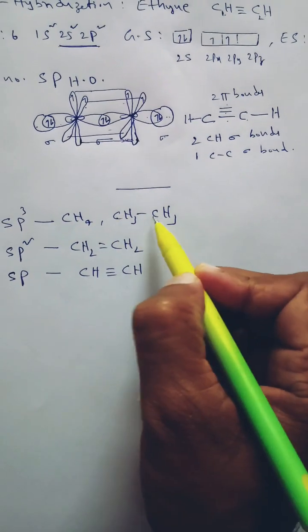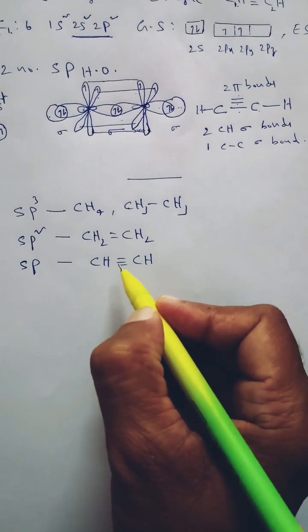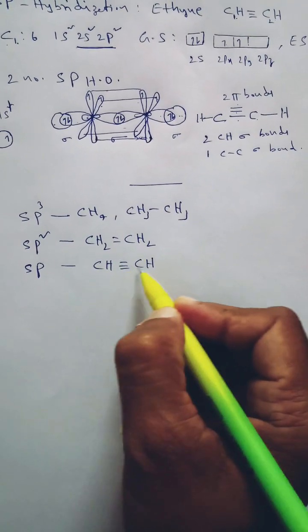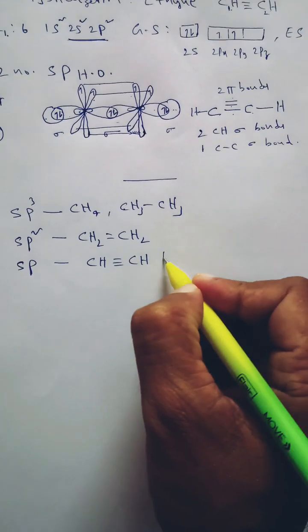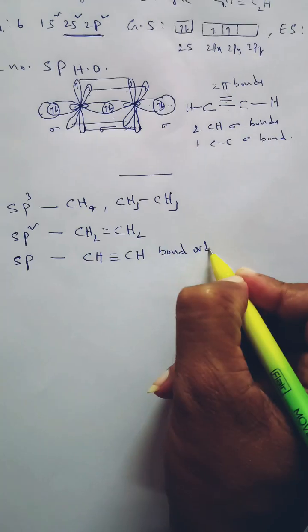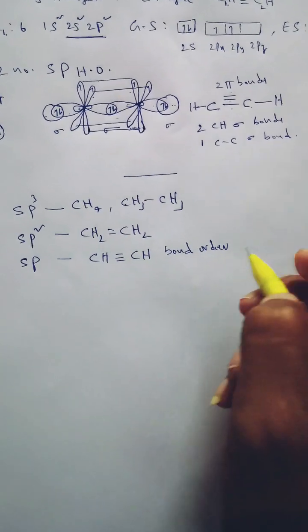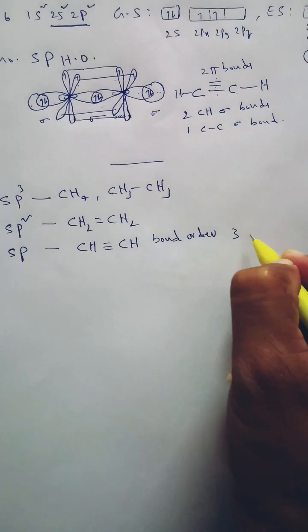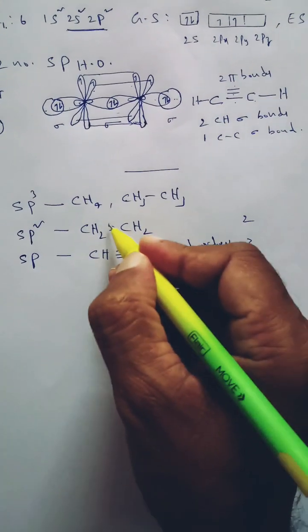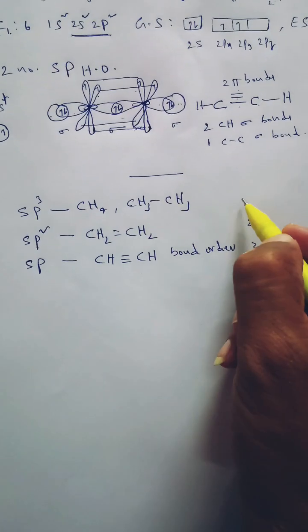Here generally the number of bonds between carbon and carbon is called bond order. Here the bond order in the case of acetylene, sp hybridization, is 3. Here the bond order is 2 because 2 bonds are there between CC. Here the bond order is 1.